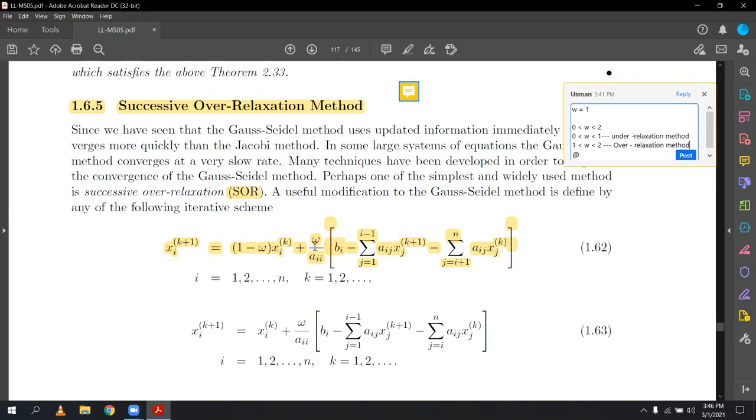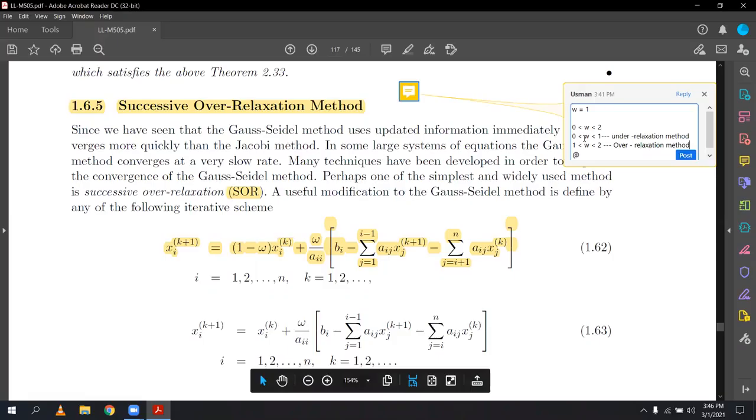And this modification which we make in the Gauss-Seidel method gives you both conditions. If Gauss-Seidel converges slowly, it makes it faster. And the second condition, if the Gauss-Seidel method diverges, this will make it converge. This is a good point of the relaxation method. What is the condition?